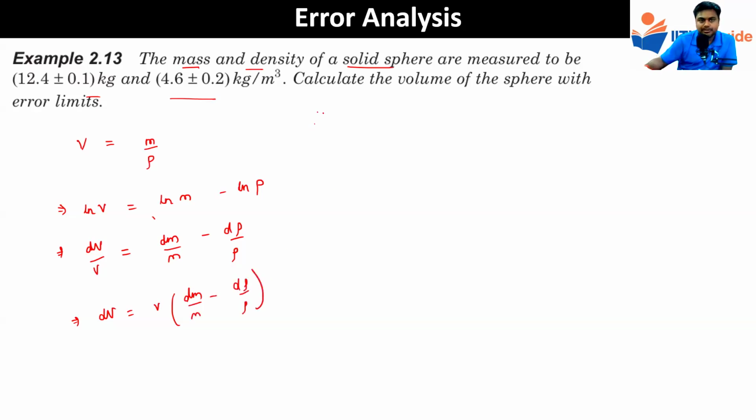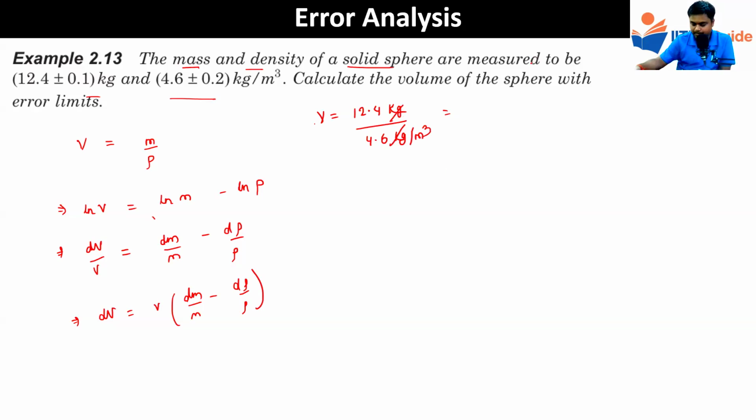Now let us calculate V. V is going to be 12.4 kg divided by 4.6 kg per meter cube. So this is 12.4 divided by 4.6.